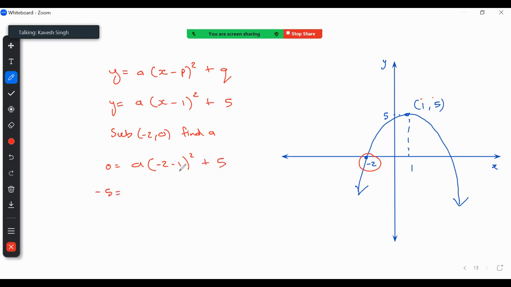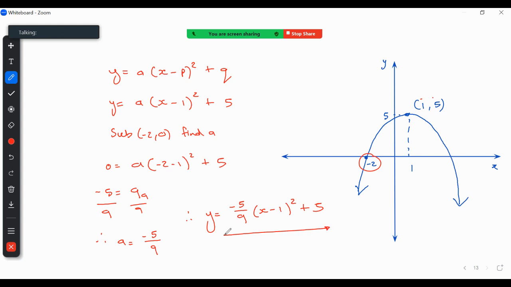And that will be negative 3 squared, which is 9. And so a equals negative 5/9. And so y equals negative 5/9 x minus 1 squared plus 5.